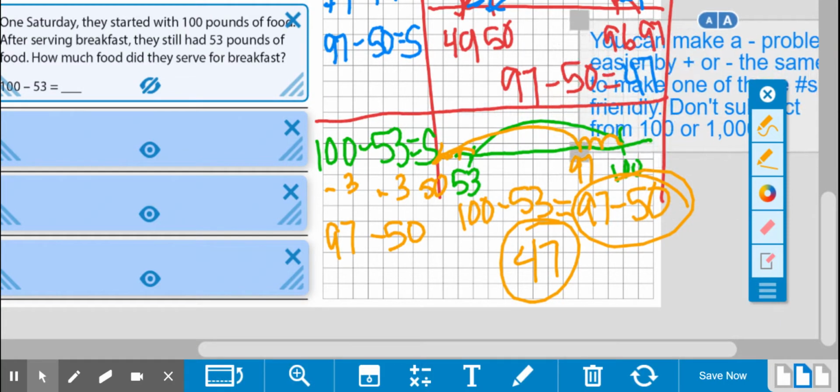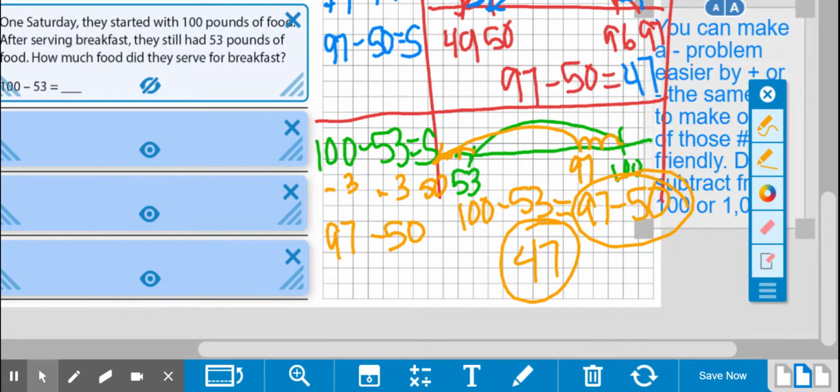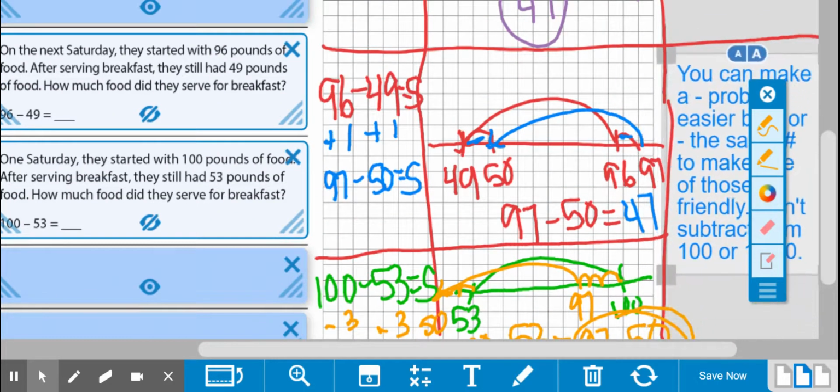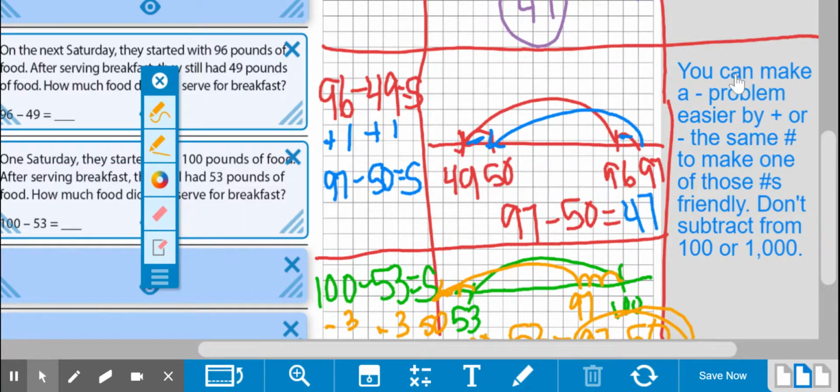Move it over here so you could see it. Okay, so this goes right here, and then I'm going to move this over. So you can make a subtraction problem easier by adding or subtracting the same number to make one of those numbers friendly. Don't subtract from 100 or 1,000.